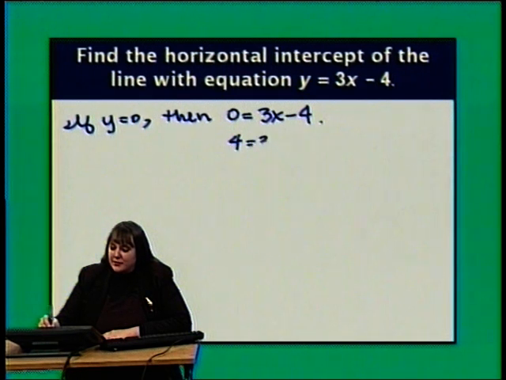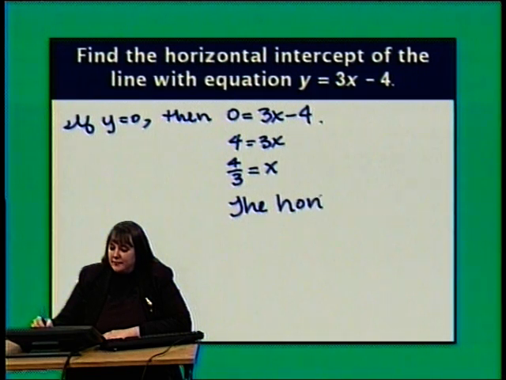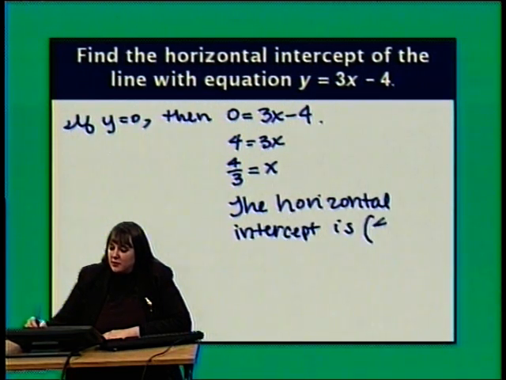So 4 equals 3x. And dividing both sides of the equation by 3, we get 4/3 equals x. So this tells us that the horizontal intercept is (4/3, 0).